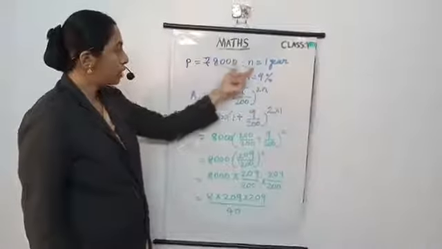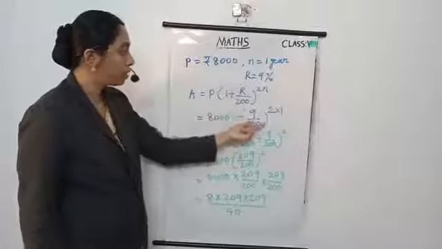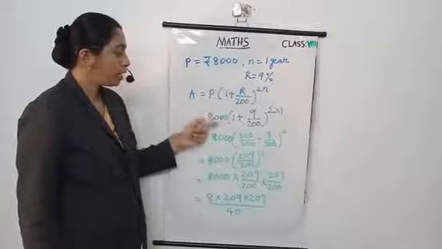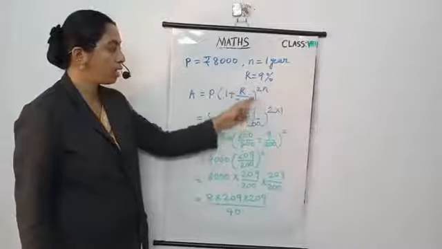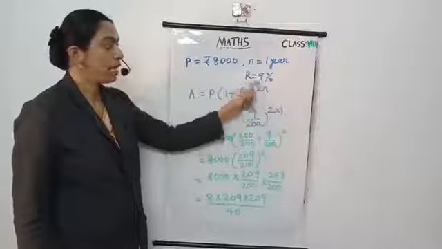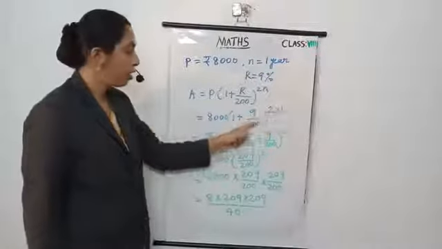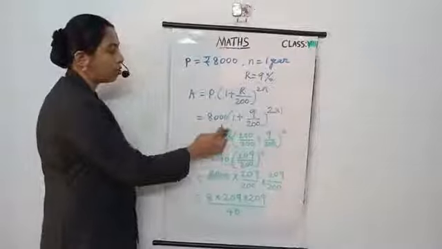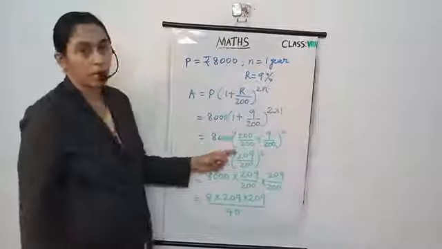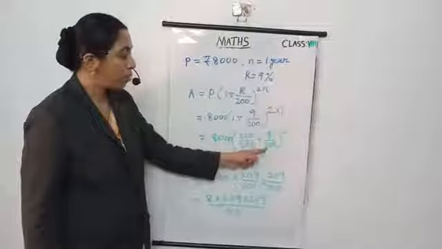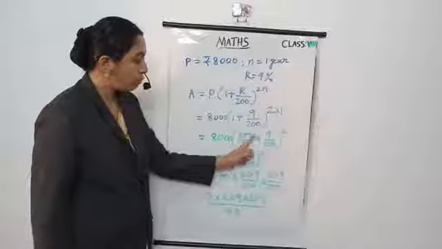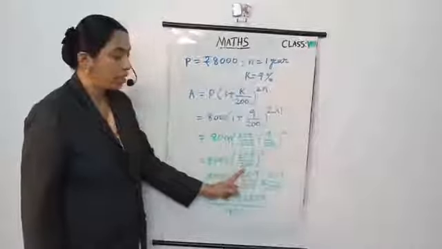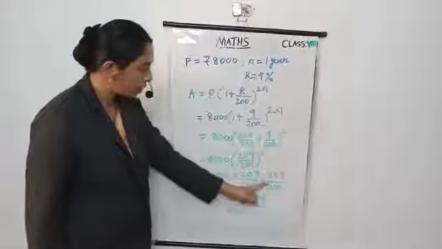Now substitute the given values in this equation. P 8,000 into 1 plus R 9 by 200, raised to 2 into n, where n is 1. So 2 into 1 is 2. Now 8,000 into 1 is 200 by 200 plus 9 by 200, which is 209 by 200, and we split this.